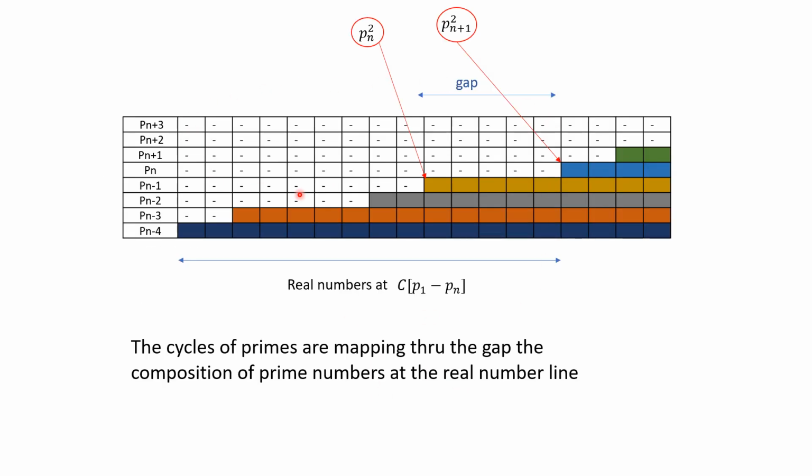In this graphic, we are seeing the formation of the gaps. These are all the individual cycles that will merge with the main cycle to form the next main cycle, right? So PM minus 4, PM minus 3, and these are the gaps that they form.